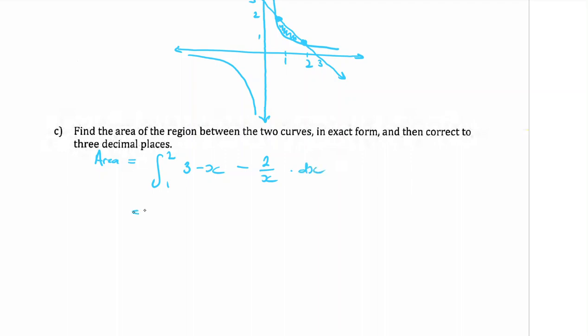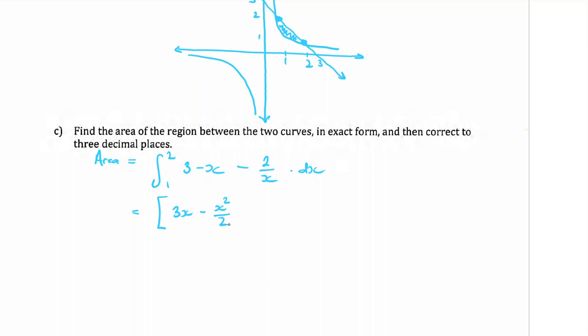Okay, so integrating, square brackets, integral of 3 is 3x. Integral of minus x is minus x squared over 2. Ooh, integrating the fraction. Logarithm. The 2, it shouldn't be a 2, should it? So that we need a 1 on the top.